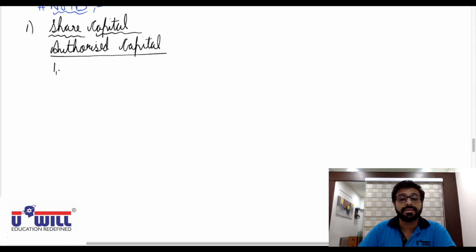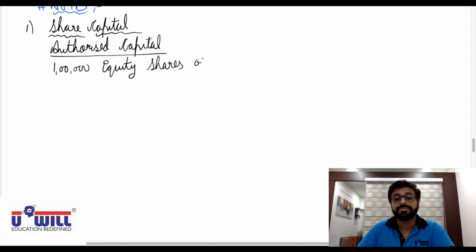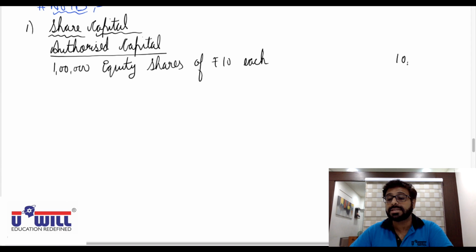1 lakh equity shares of rupees 10 each, so total amount is 10 lakhs, and this you all double underline. If you have attended that share capitals question 1 in the Zoom session, you'll be able to understand what I'm trying to say here.